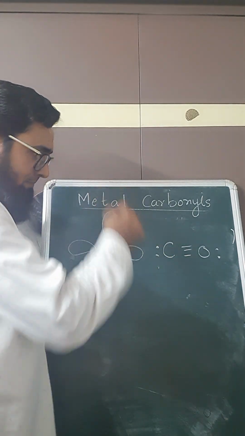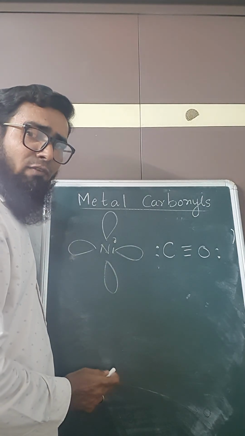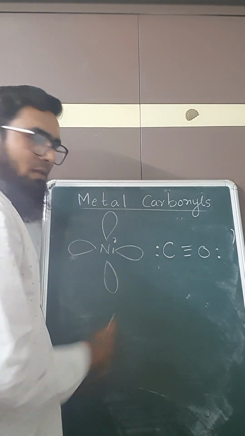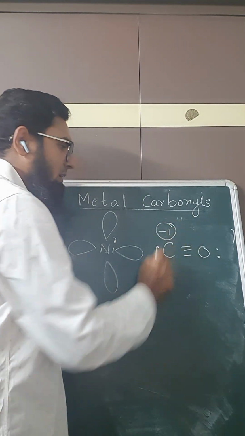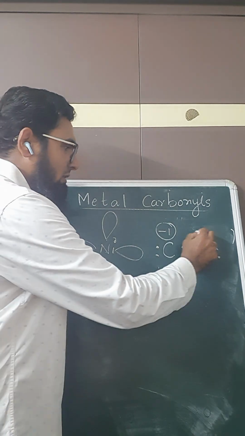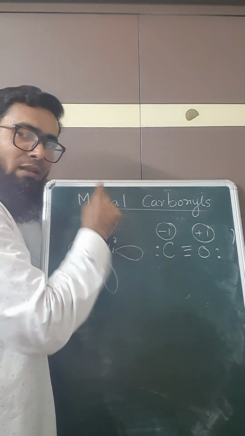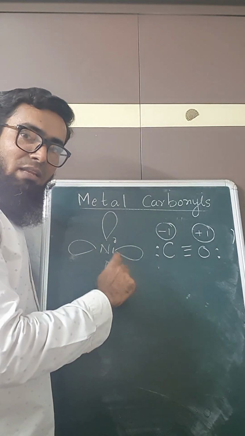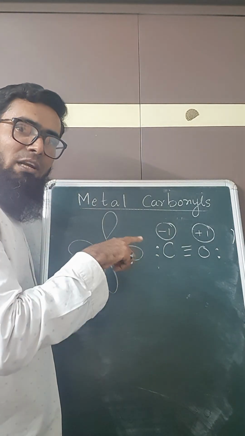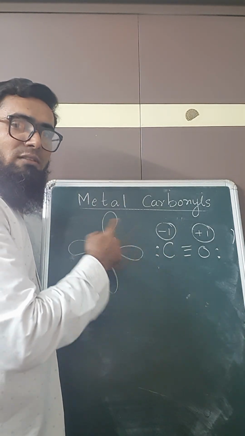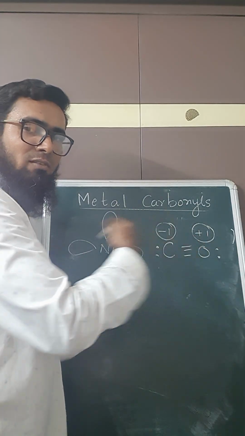The answer is, if we calculate the formal charge on carbon, it is -1. If we calculate the formal charge on oxygen, it is +1. So which has more negative charge? Carbon, not oxygen. Because carbon is electron rich, it has more ability to donate electrons to the central metal atom in preference to oxygen.